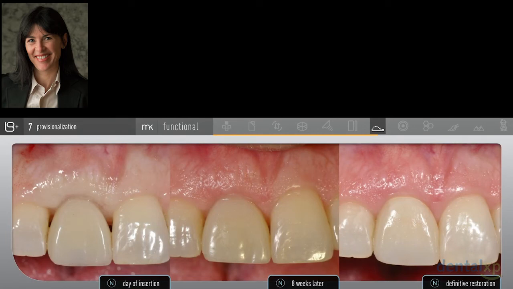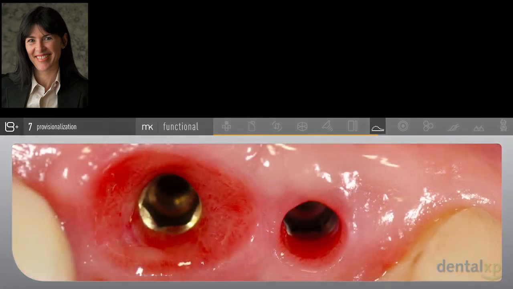So if you go from day of insertion or day of surgery through to post-definitive restoration, it's really making things seamless. Yes, your patients drive the decision to think about fixed provisionalization where possible. But for me, the clinician, the fixed provisionalization lets me perfect tissue architecture.